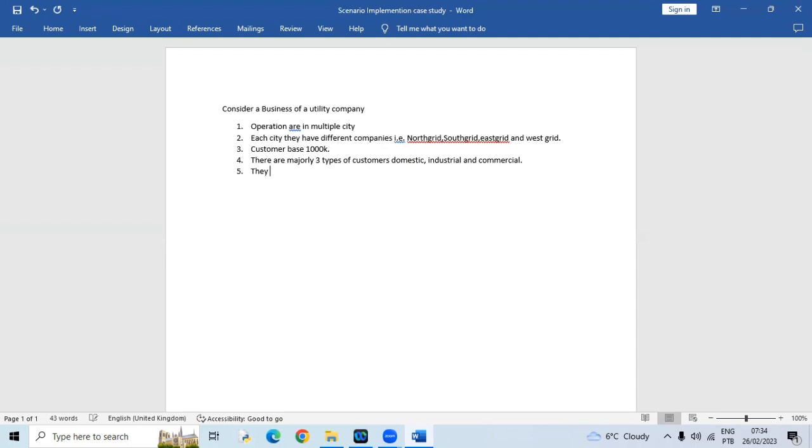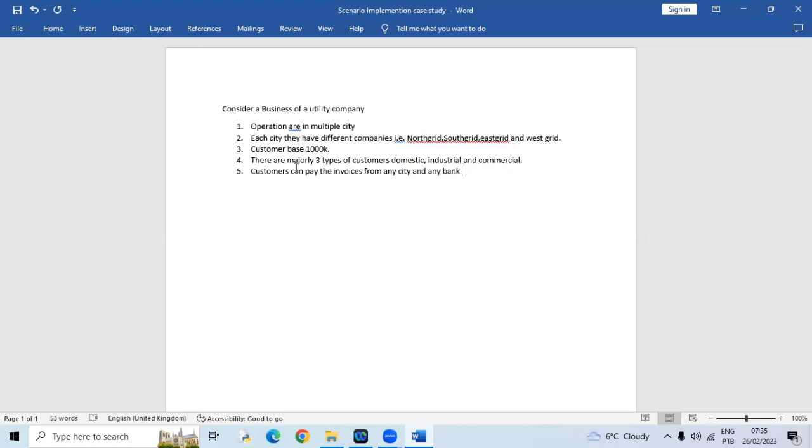Okay, they collect the money from any bank. They collect the money against the invoices, or the payment can be done from any bank. Customers can pay the invoices from any city and in any bank, right?